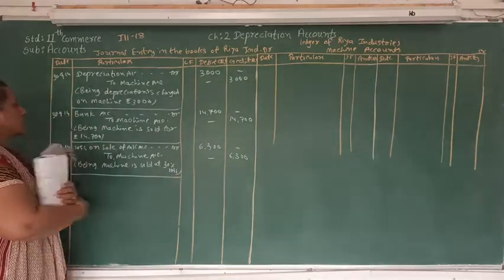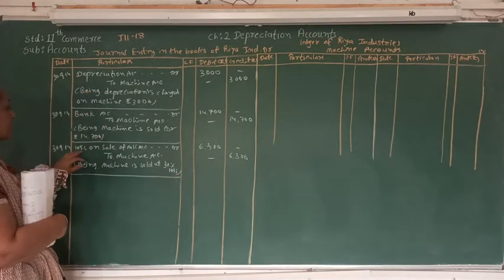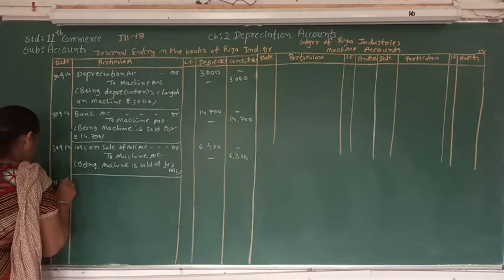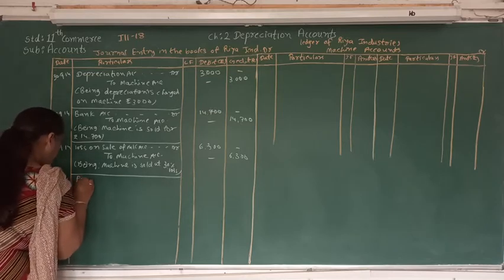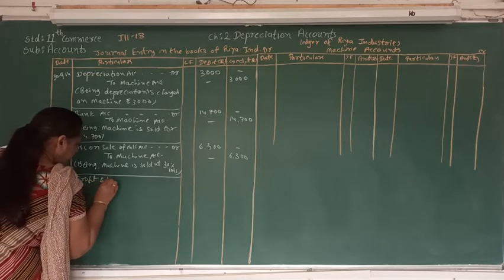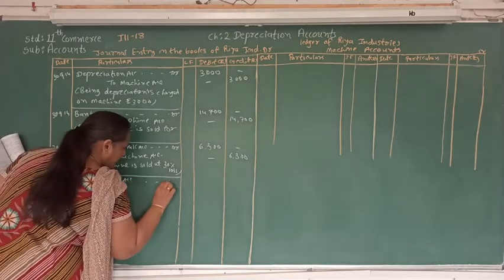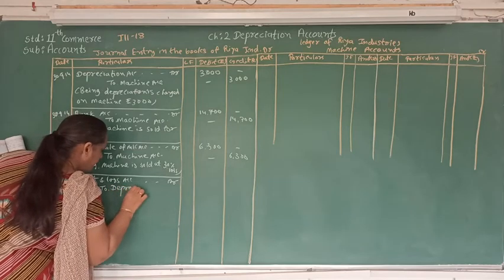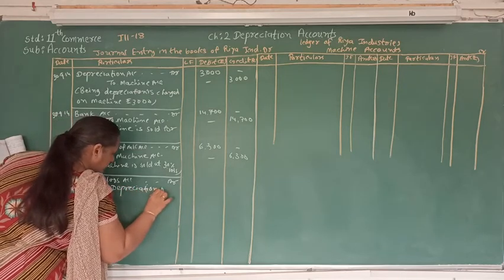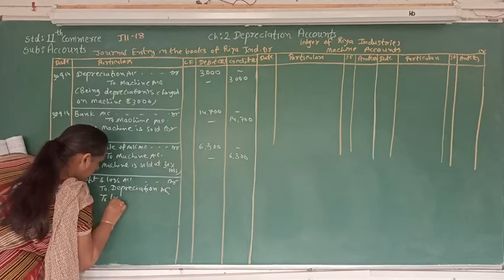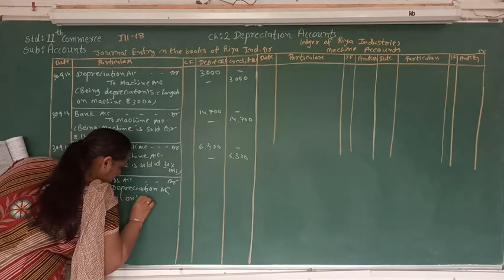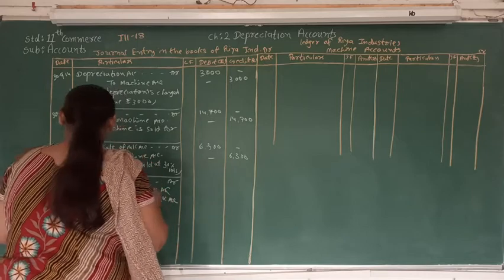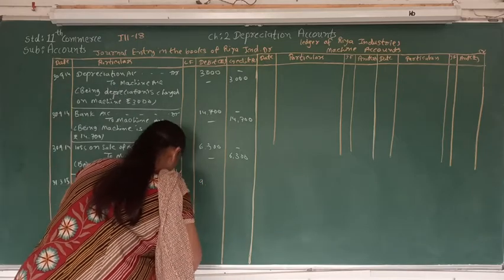And now to close the depreciation account as well as the loss account, we are going to pass the last journal entry, and that will be on 31/3/15. 31/3/15 profit and loss account debit to depreciation account and to loss on sale of machine account. So here it will be 9,300.